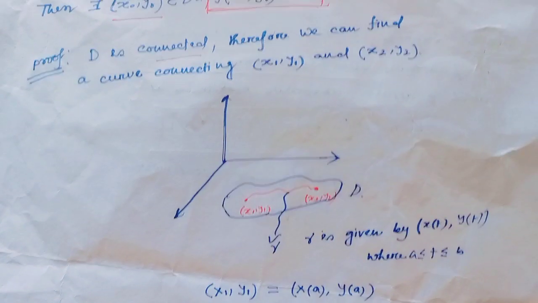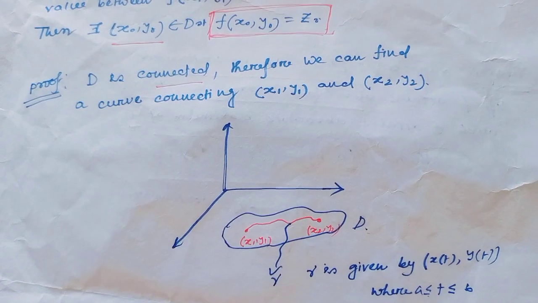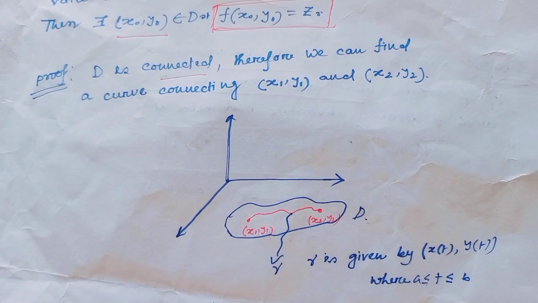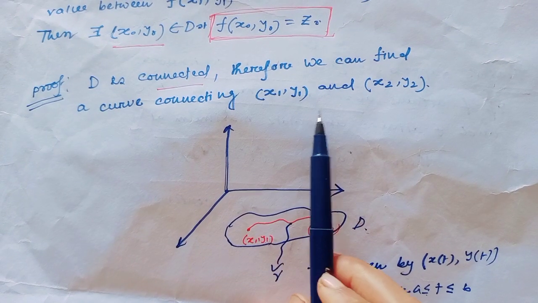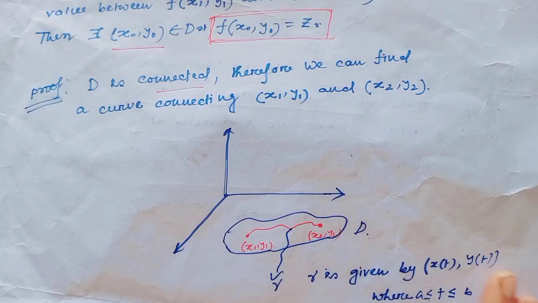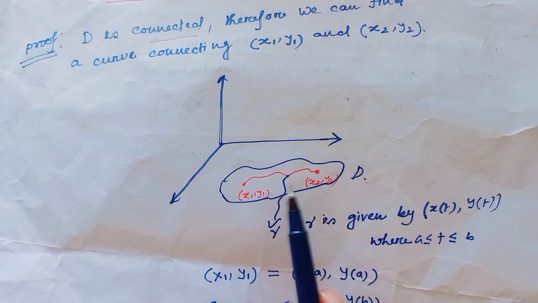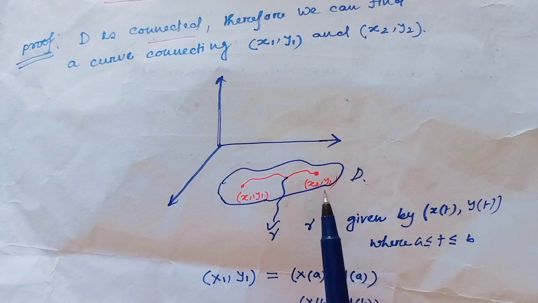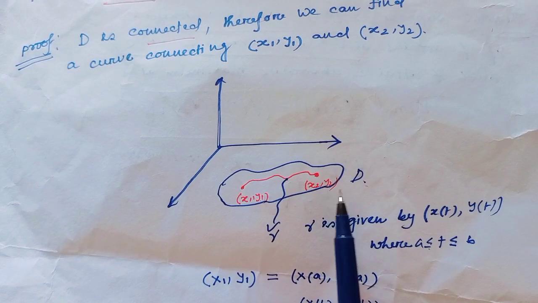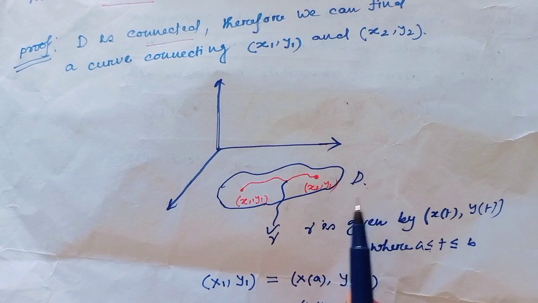This proof is very easy. Here D is a connected set. Therefore, we can find a curve connecting (x1, y1) and (x2, y2) in the domain D, which is a subset of R2.